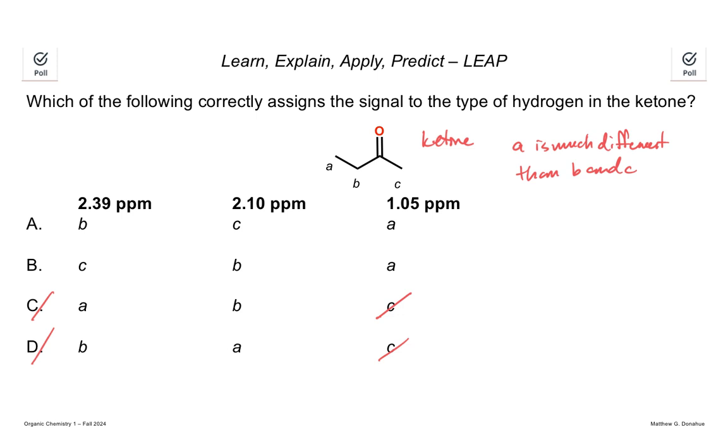So now between choices or hydrogens B and C, so these two, which one has more substitutions to it, B or C? So B has more substitutions, again, meaning it should be further away than C. And so I think looking at this, A is going to be the correct response.